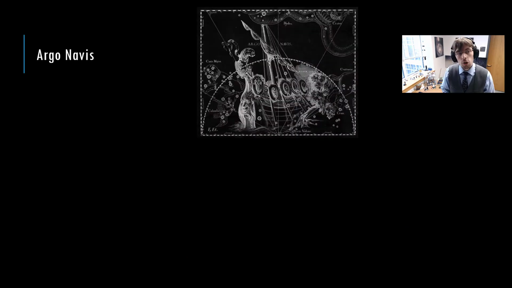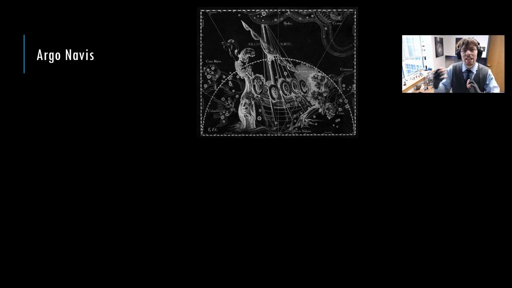So you have one, for example, Argo Navis. This was a constellation that was proposed back in the 1750s by a French astronomer. Now, the issue with this, and again, he published it, disseminated copies of his book. Some astronomers were using it. But when the International Astronomical Union formalized everything, this constellation was just way too big.